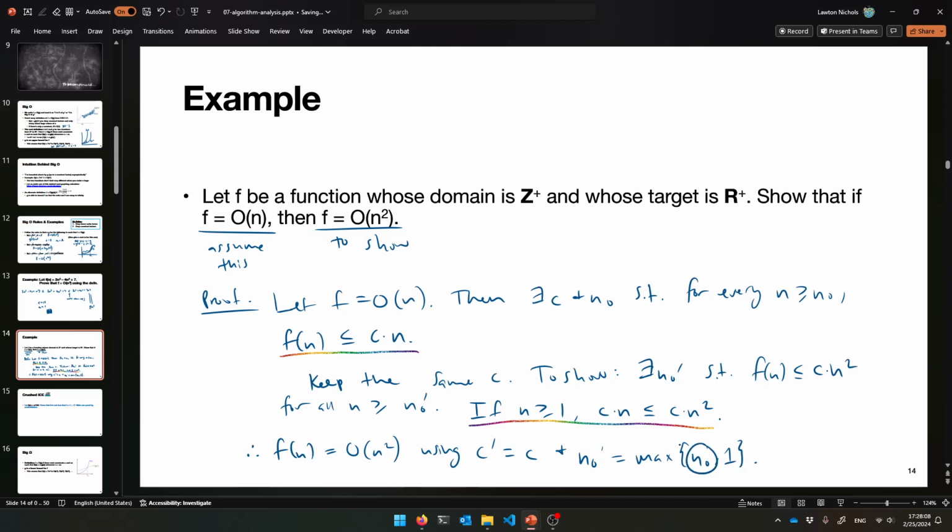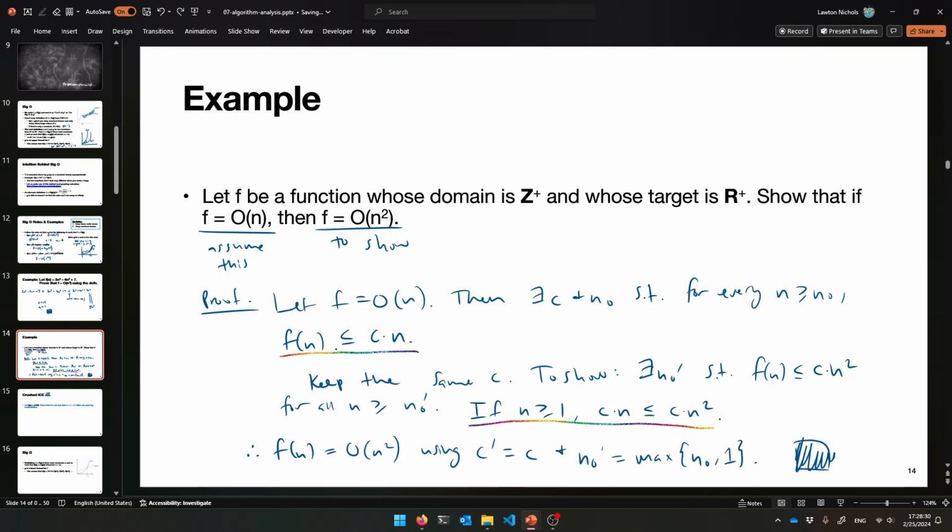After that, this always holds once n is at least 1. So just take the same n naught if you need to, or 1, whichever is bigger. And so that shows, according to the definition, that it's also big O of n squared if it was O of n. You can find another n naught very easily. You see that?